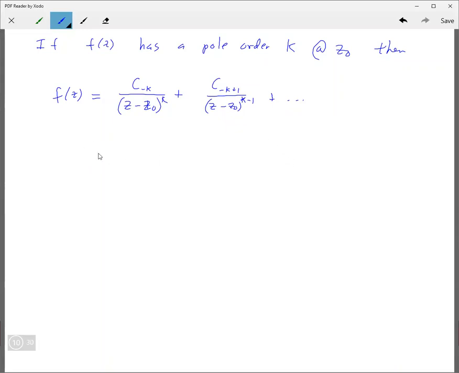So, for example, let me see if I can find a good example. And you can exploit this fact. This is one of the best things to try to exploit.